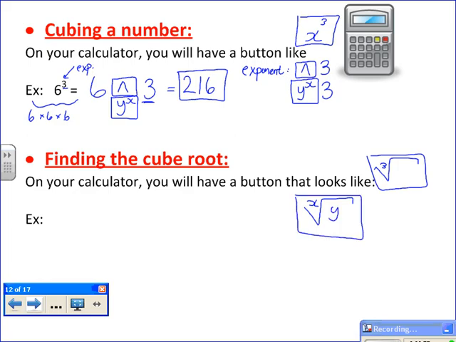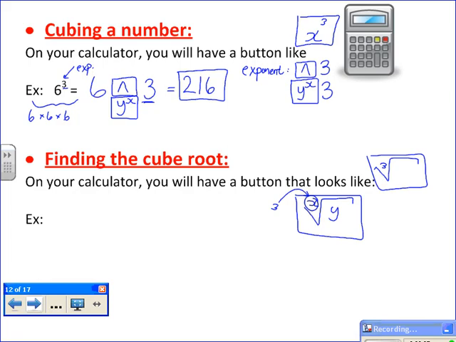It looks like that. And this button can be used for any root. It allows you to put any number in here for x. In this case, we're going to be putting in a 3. But you could take the 4th root or the 5th root or the 6th root or the square root using that button. It's a generic button that can be used for anything.